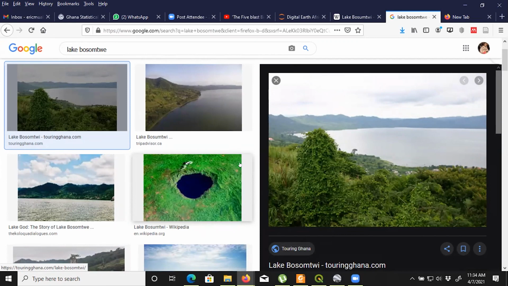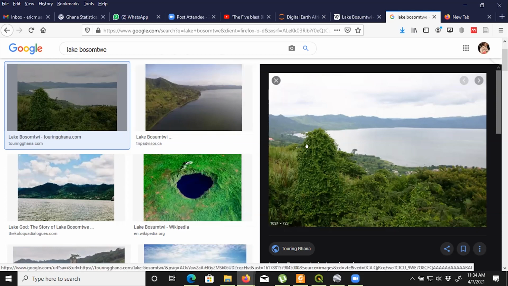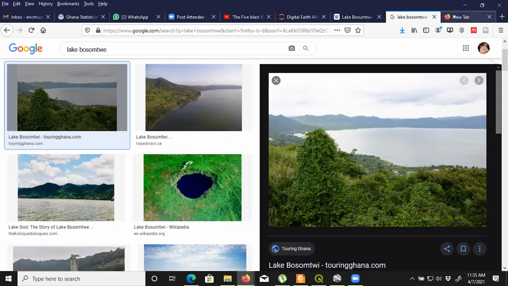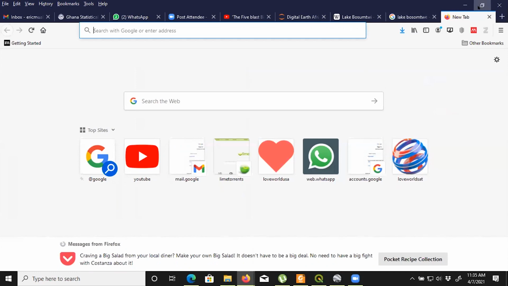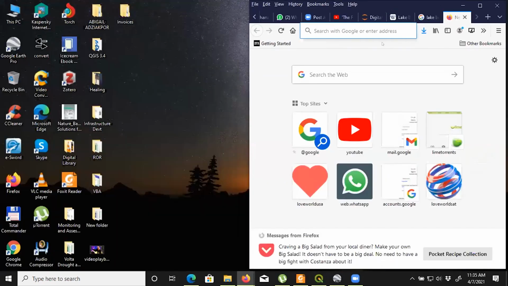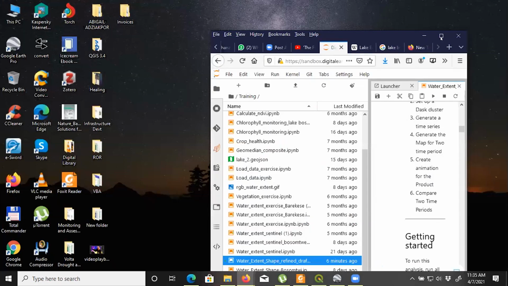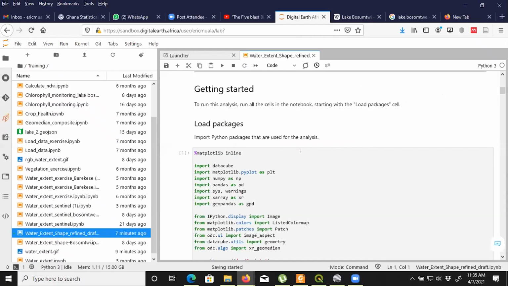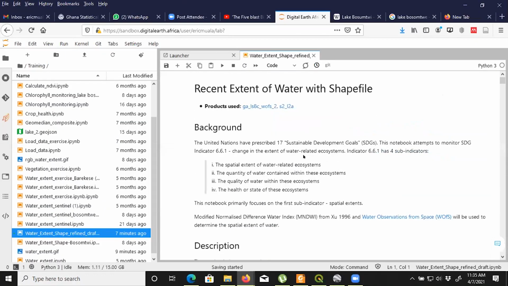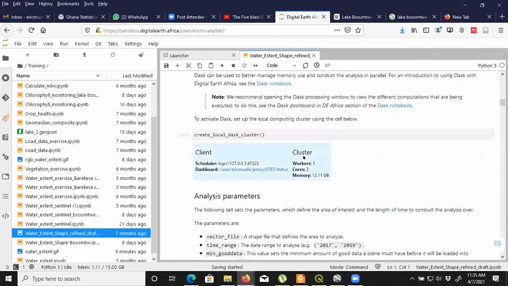As a result of that, it is even part of the UNESCO biodiversity protected areas. So I wanted to look at what has been the effect, if there are activities close to it, on the resource in terms of the volume. So I ran the Sandbox to look at the water extent of Bosomtwi itself.